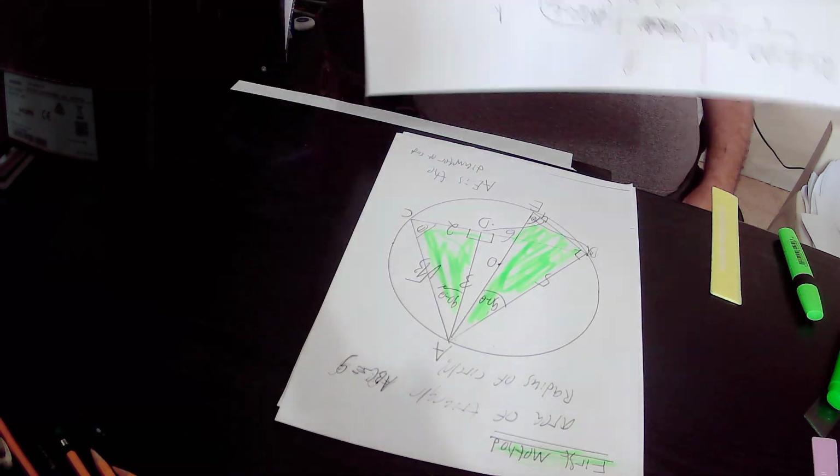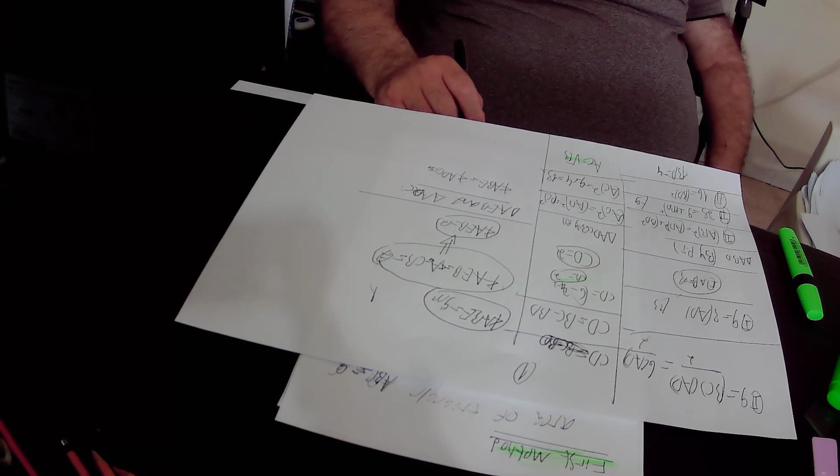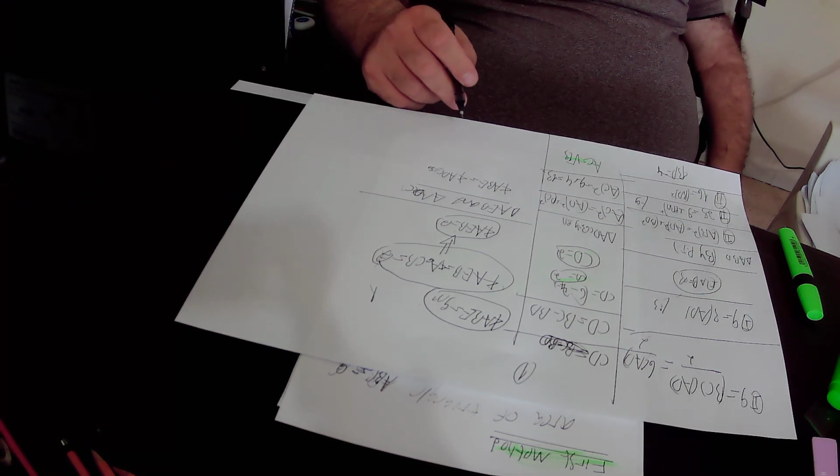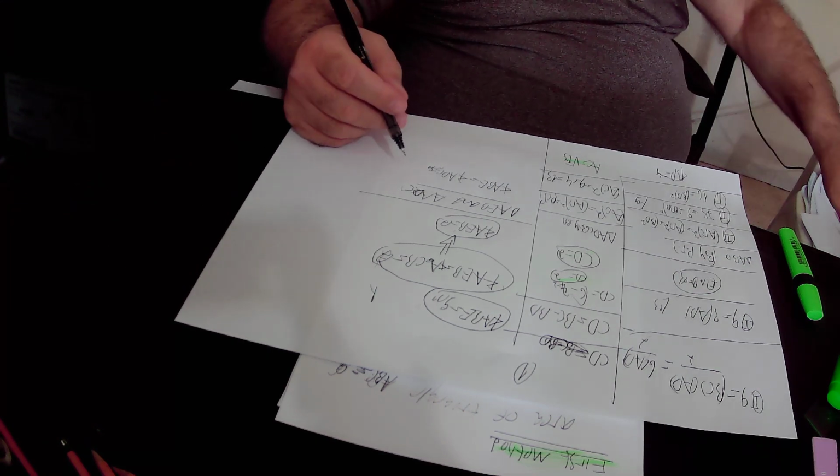Angle ABE equals angle ADC, they are both equal to 90 degrees, therefore they are equal to each other.